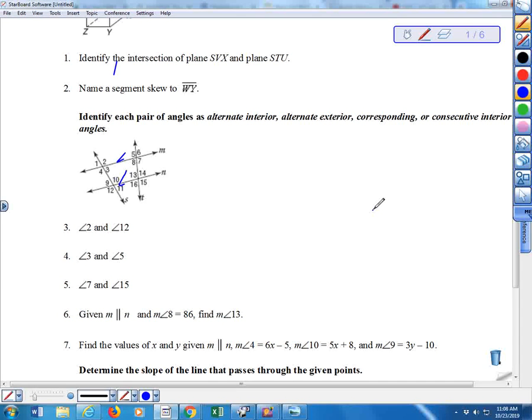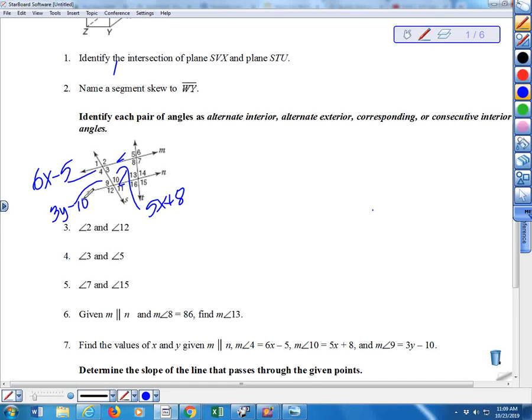Given M and N are parallel, if angle 4 is 6x minus 5, and angle 10 is 5x plus 8, and angle 9 is 3y minus 10, find the values of x and y.